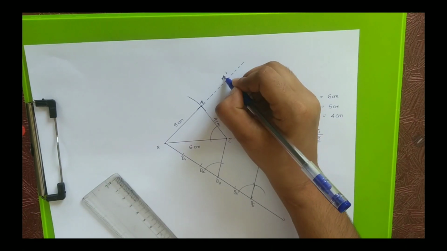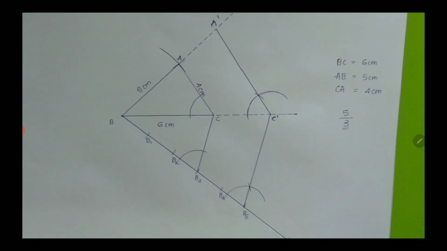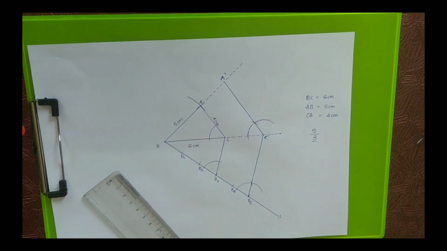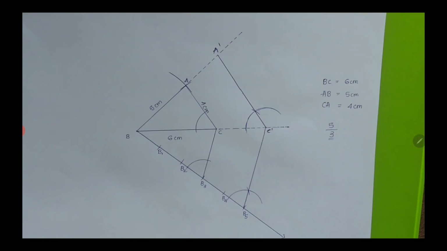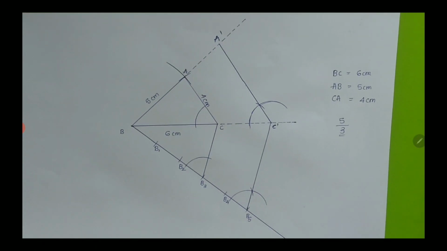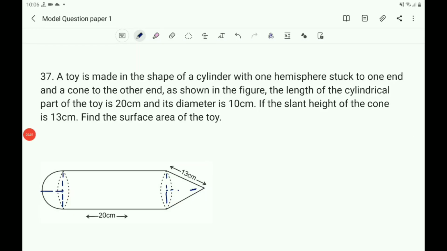Now you got a line parallel to CA, that is C dash A dash. C dash A dash is a line parallel to AC. You got a triangle A dash C dash B similar to triangle ABC. Triangle A dash B C dash is similar to the given triangle ABC.